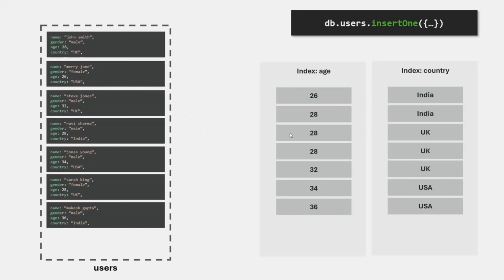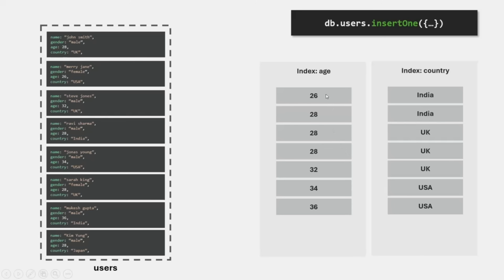For example, let's say we have created two indexes, one on the age field and one on the country field. Now, when we add a new document in the collection, it will be added at the end, and based on the value of country and age, we also have to create a pointer in this age index and this country index.